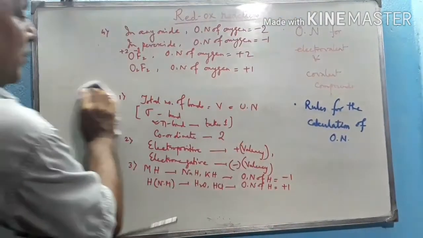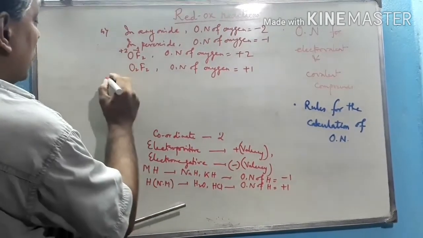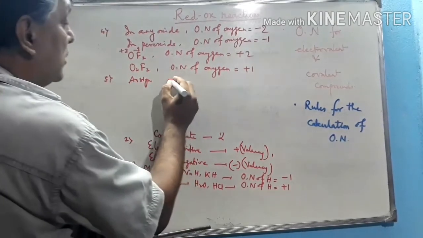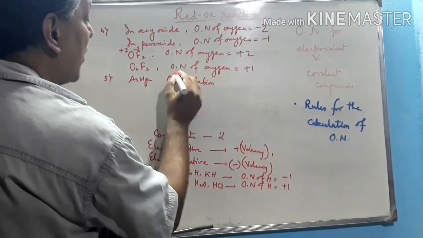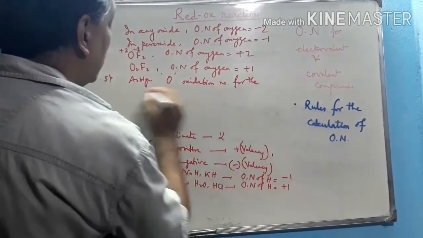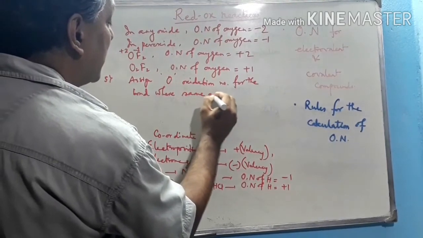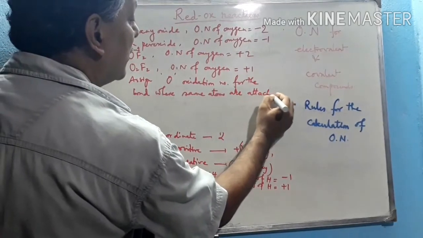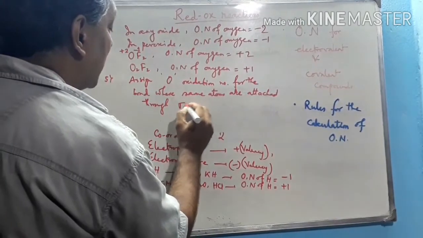Next, the fifth point is that we assign zero oxidation number for the bond where the same atoms are attached through a sigma bond.